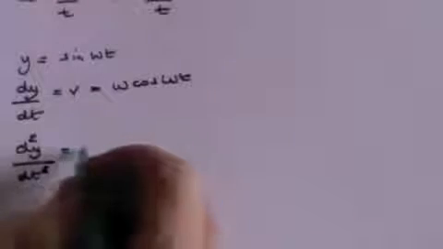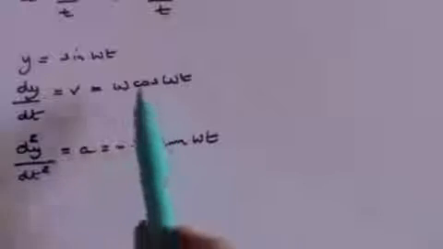Differentiating again gives d2y by dt squared, which is acceleration, and which equals minus omega squared sine omega t. Differentiating a cosine term gives us a minus sine term, multiplied by omega again.